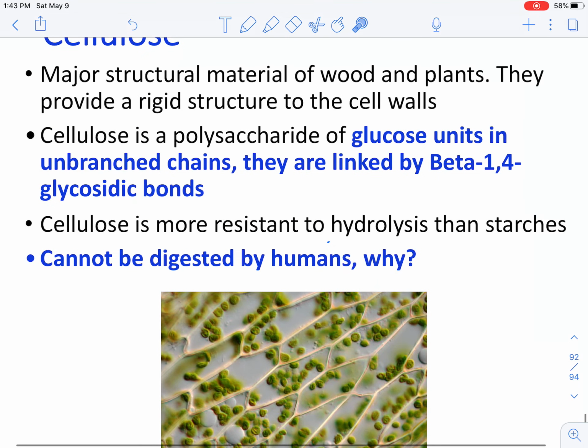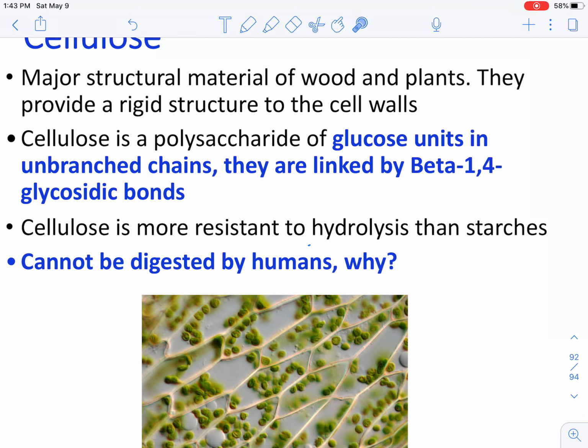Overall, cellulose is more resistant to hydrolysis than starches, and cellulose cannot be digested by humans. The reason why is because we do not have an enzyme that can recognize and break a beta 1,4 glycosidic bond. The only enzyme that we naturally produce in our body recognizes an alpha 1,4 glycosidic bond.